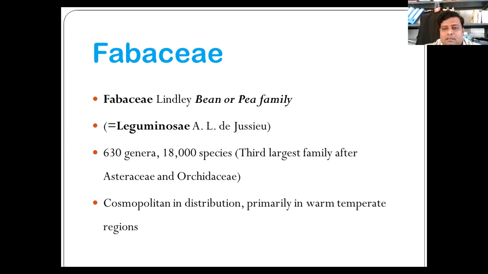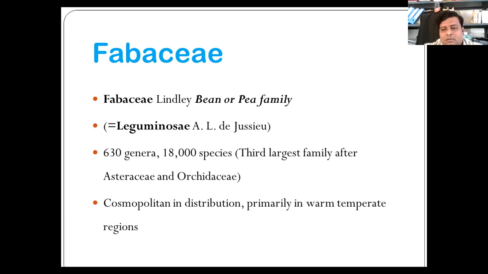Some lentils like Lens esculenta, chickpeas, peas like Pisum sativum, pigeon pea, Cajanus cajan, soybean, Glycine max, and peanut that we use in our daily protein diet, that is Arachis hypogaea, that also yields oil with high protein food. Others are like indigo dye, obtained from Indigofera tinctoria. The seeds of Abrus precatorius are used as necklaces and rosary, but are extremely poisonous and can be fatal if ingested.